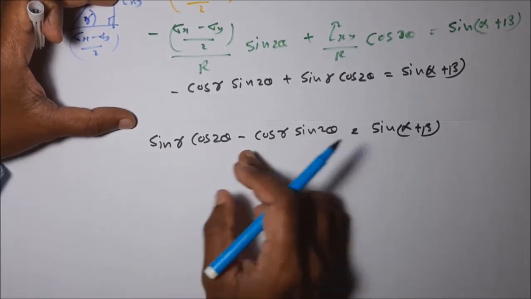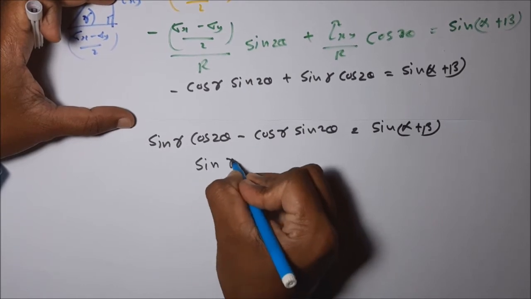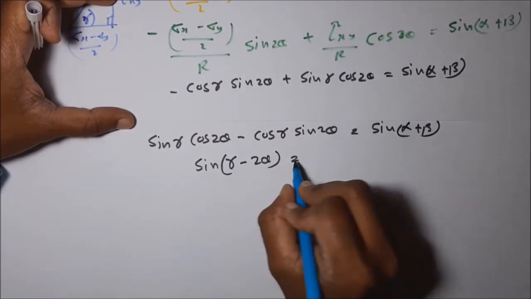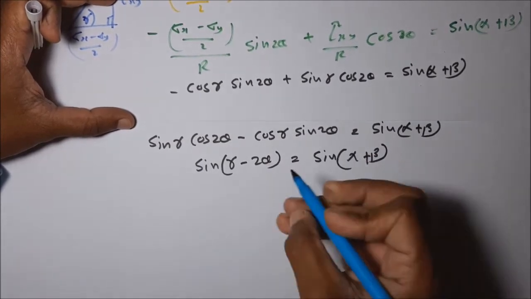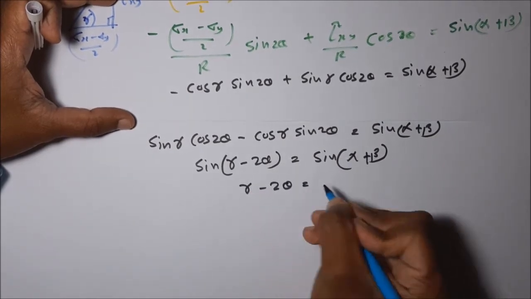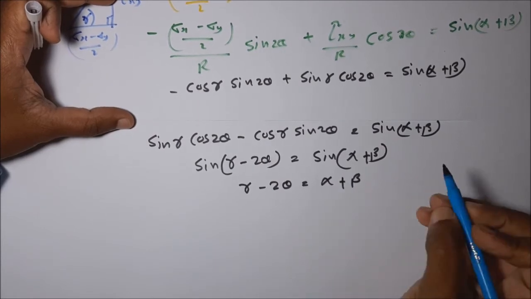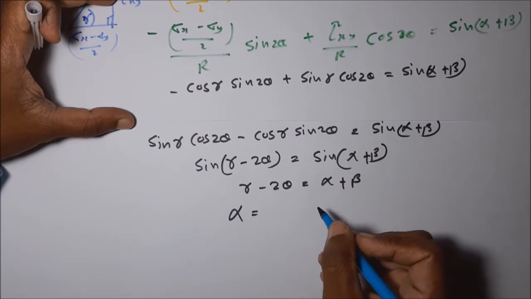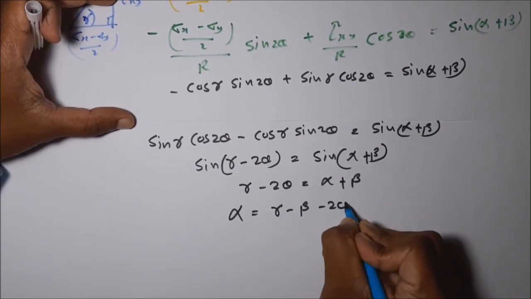Sin A cos B minus cos A sin B, so sin (gamma minus 2 theta) is equal to sin (alpha plus beta). Simply, gamma minus 2 theta is equal to alpha plus beta. By making alpha the subject, alpha is equal to gamma minus beta minus 2 theta.